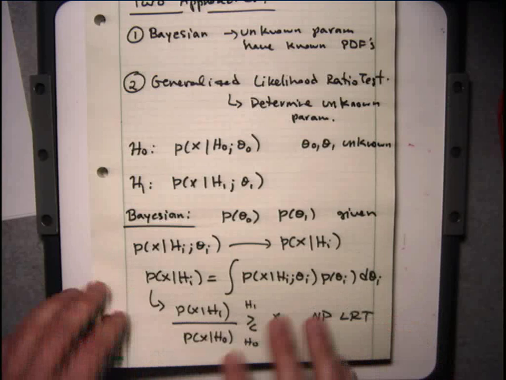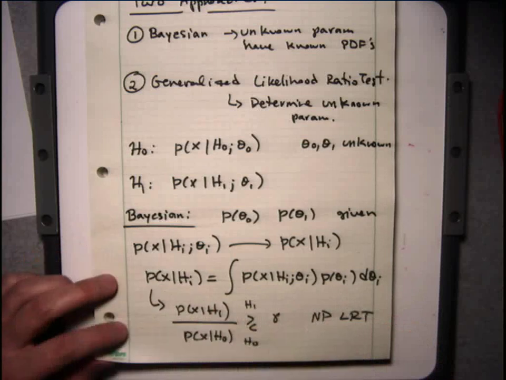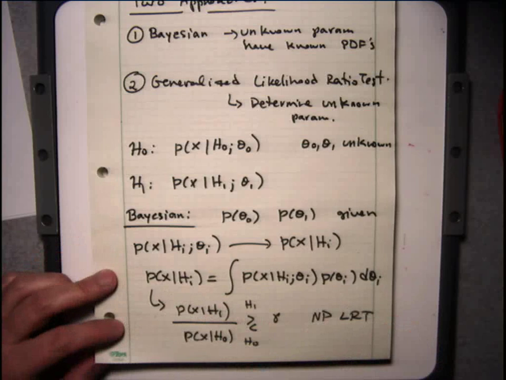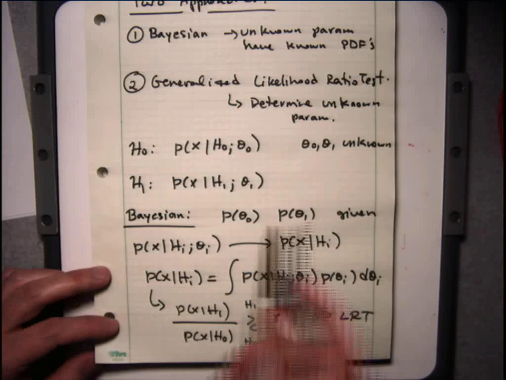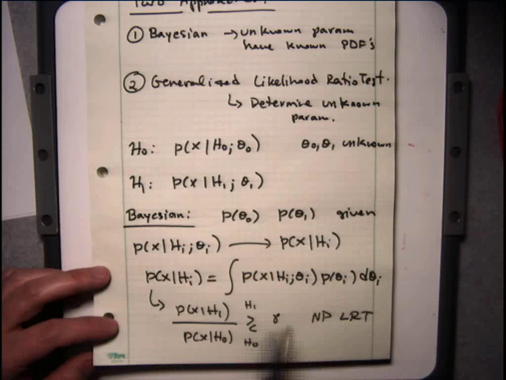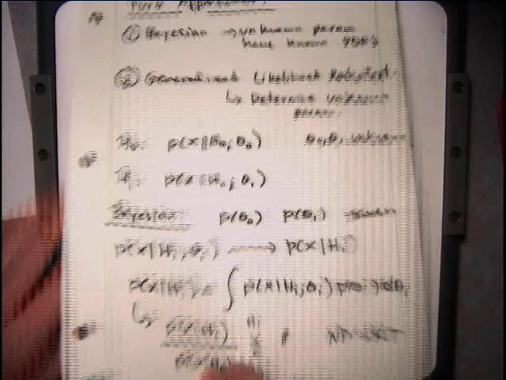This is something that we don't generally like to do in practical, at least in EE applications. In many other applications, people do because they trust their priors, and they don't mind doing a lot of number crunching to calculate these things. But in general, the more popular thing to do, certainly in EE and signal processing applications in particular, is the generalized likelihood ratio test.